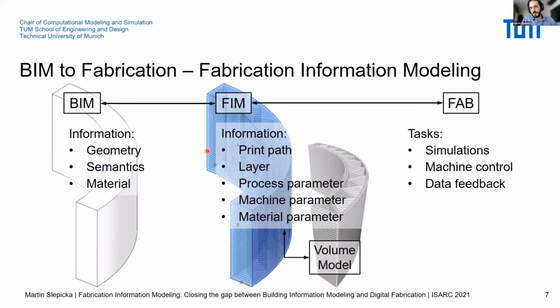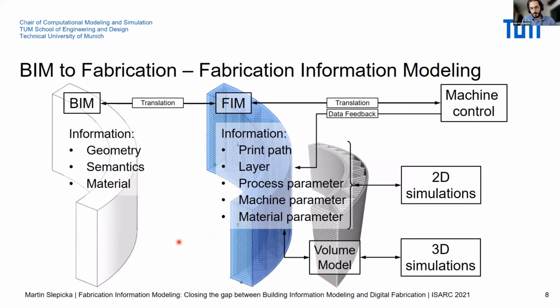Well, in the process, it looks more like this. We have maybe already existing BIM data. And then we can use translation processes, algorithms that use BIM information and create fabrication information. For this, we actually need to look into what kind of object we want to print, what problem we have.